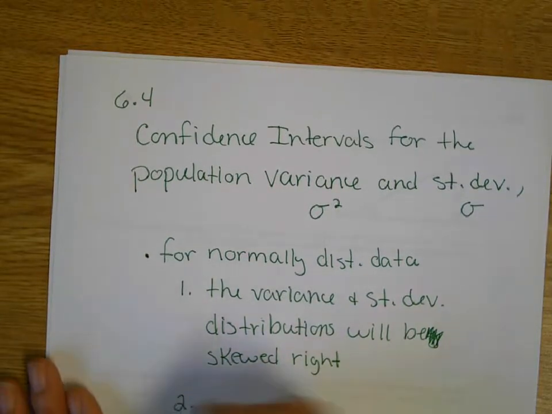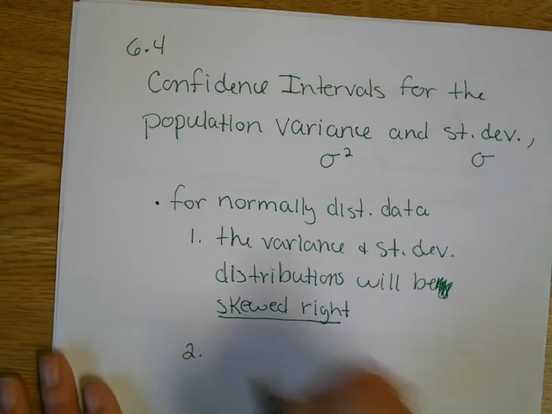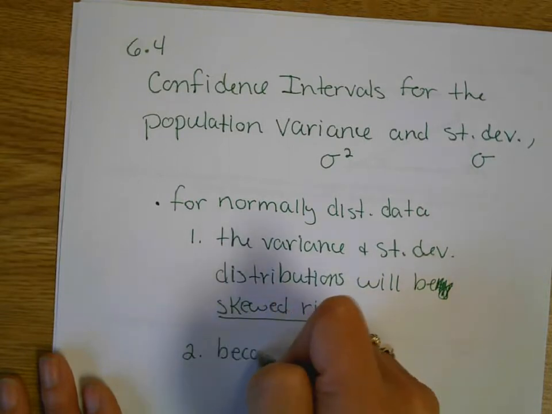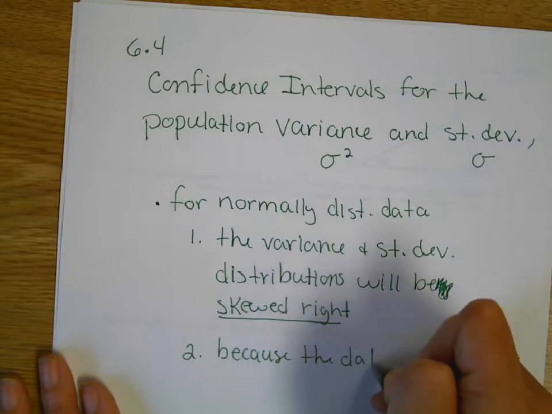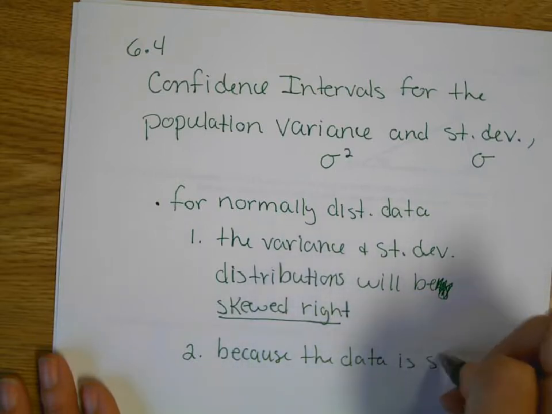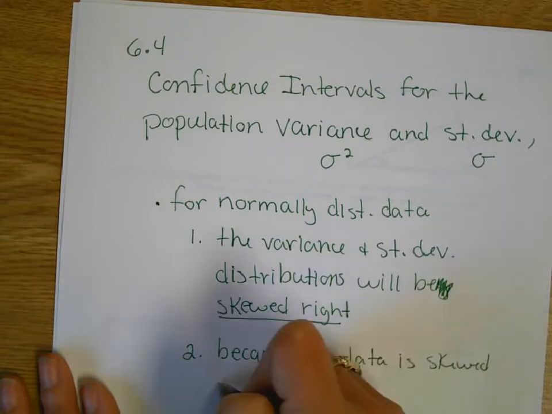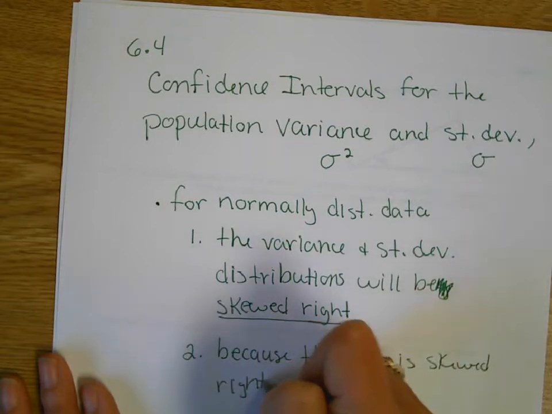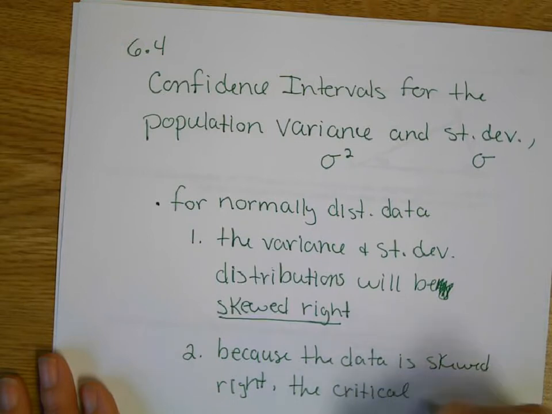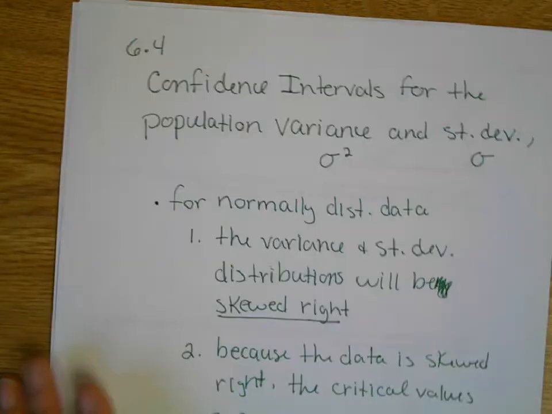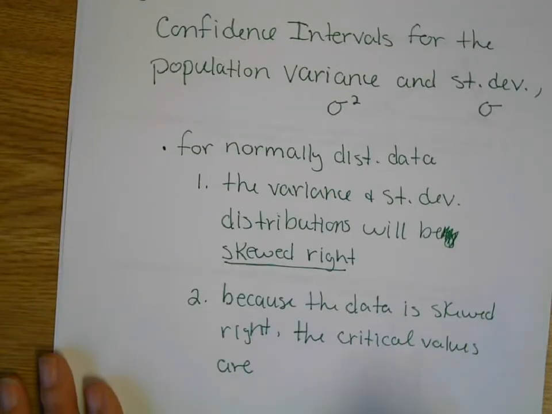And then the second thing, because they are skewed right, we have a new graph, new table. Because the data is skewed right, the critical values are chi-square values.